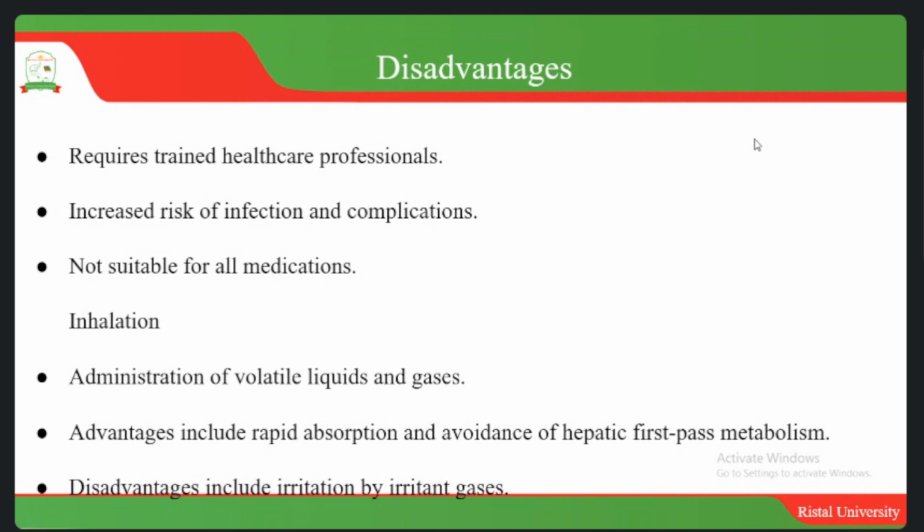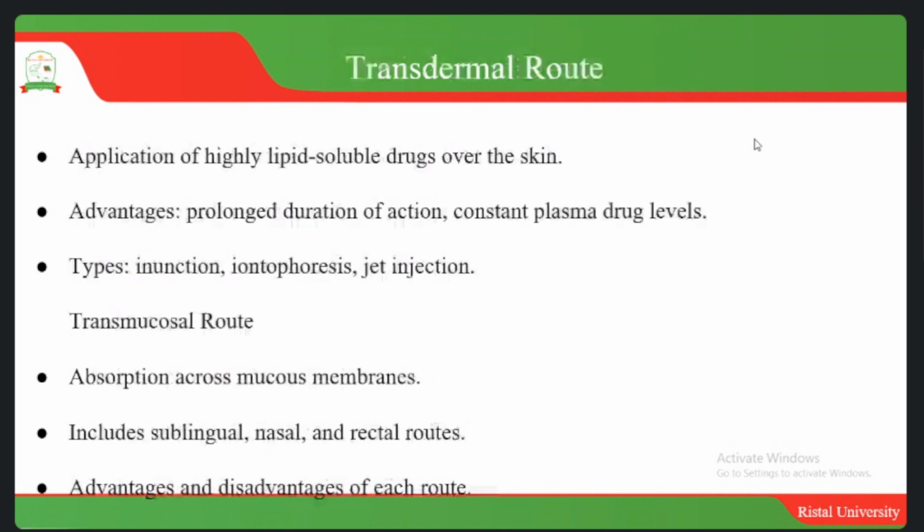So when you give these inhalation drugs, the inhalers, they always bypass the metabolic pathway, whereby it goes direct to act either in the lungs, where maybe there is a problem in relation to respiration and so forth. Then the disadvantages are irritation by irritant gases. In case these are gases, some of them may irritate our patients and contribute to difficulties altogether.